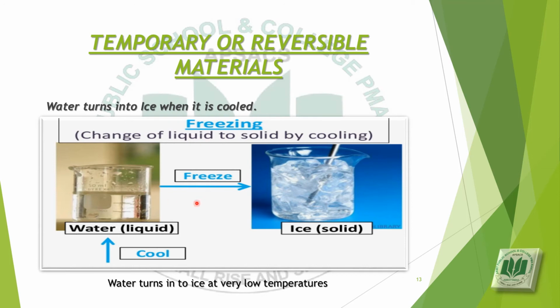In this picture, students, we can observe that when water is cooled or frozen, it is converted into ice form. But it is possible to convert ice back into water form. So that's why it is called a temporary or reversible change of any material.